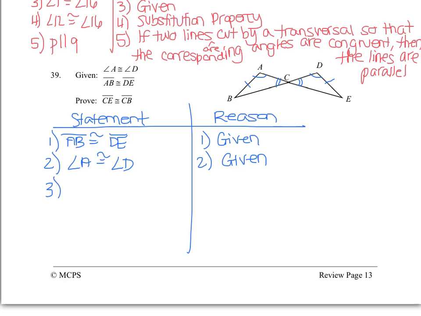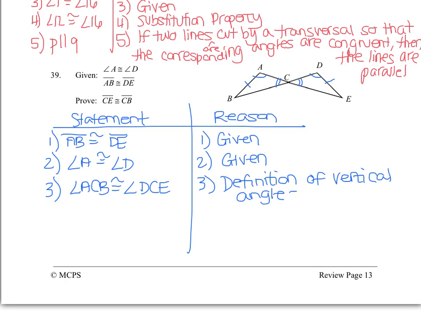Next, I know that angle ACB, and yes, I need to state this, I can't say angle C, angle ACB is congruent to angle DCE, and my reason is, you can say vertical angles are congruent, or I'll even just say the definition of vertical angles.